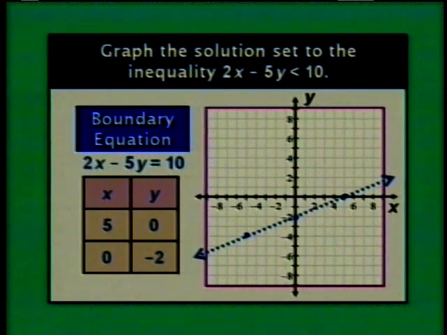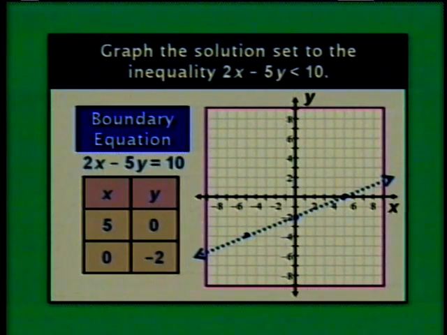Well, the problem with that is that a less than sign indicating shading below the line is only 100% valid when your inequality is written in slope-intercept form. This inequality is not in slope-intercept form, so I do not know that I need to shade below the line.